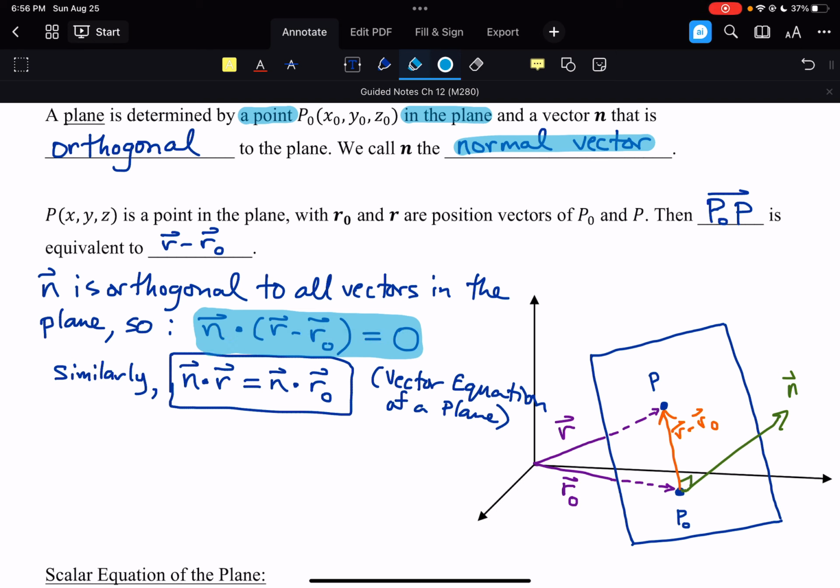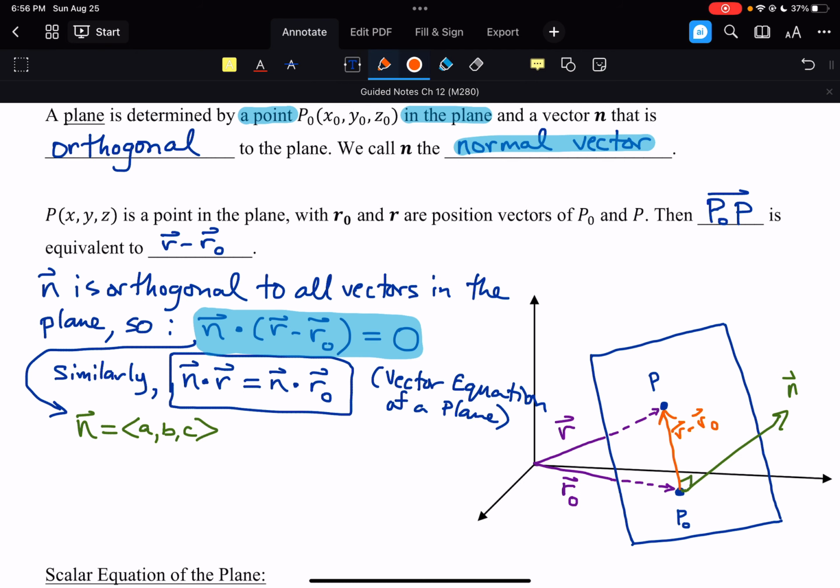What we're going to do is bring in the components of these pieces. So the normal vector n, its components we call a, b, and c.